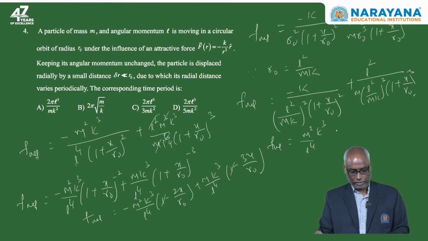Again, here in place of R naught we can write it as L square divided by mk, with a minus sign.